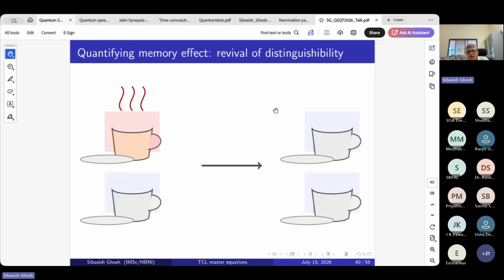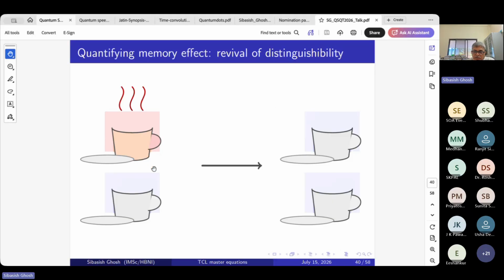For this study, as I said, these TCL dynamics, TCL2, TCL4, etc., are not completely positive, but they have a memory. Although they are time local, they have memory, and therefore they are approximately equal to some non-Markovian dynamics. In order to understand this non-Markovianity, here is a cartoon figure.